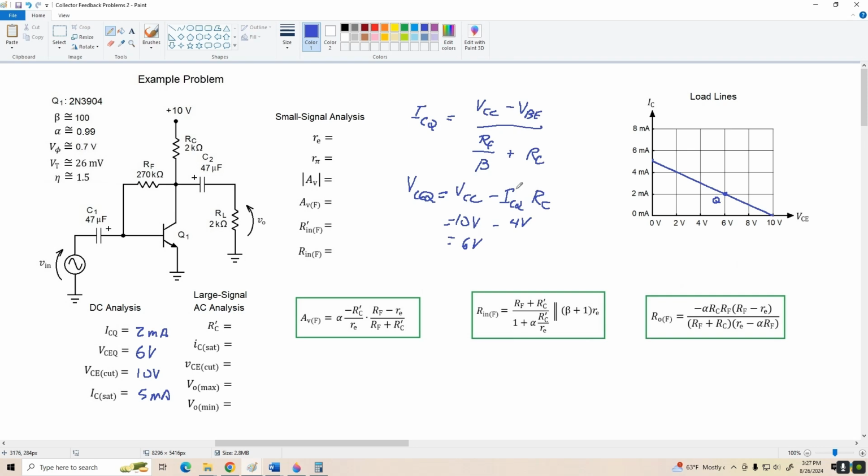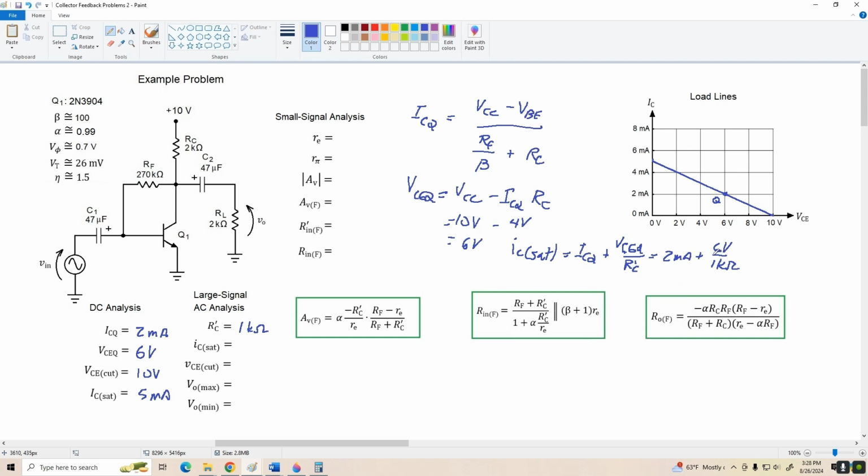And let's go on now and do our large signal AC analysis. R prime C we found already. That's RC in parallel with RL. That's 1 k ohm. The AC collector saturation current, remember, is IC sat equals ICQ plus VCEQ over R prime C. I know that's a little hard to read, but we've got 2 milliamps plus 6 volts divided by 1 k ohm.